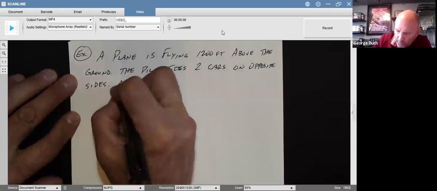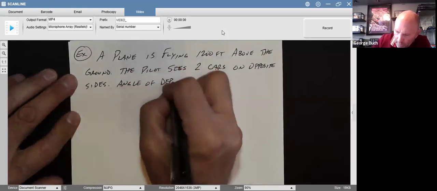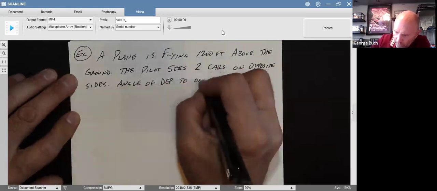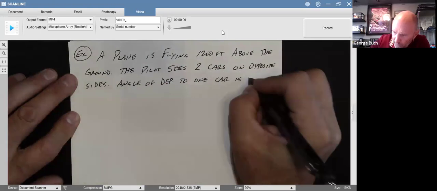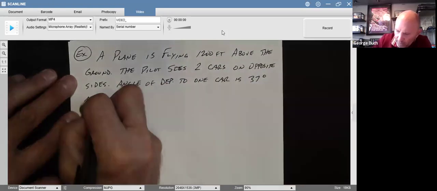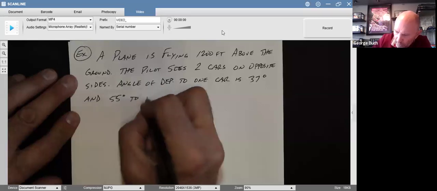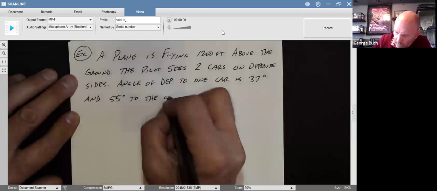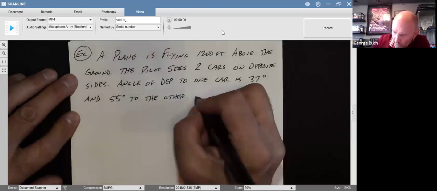Angle of depression to one car is 37 degrees and 55 degrees to the other. How far apart are the cars?